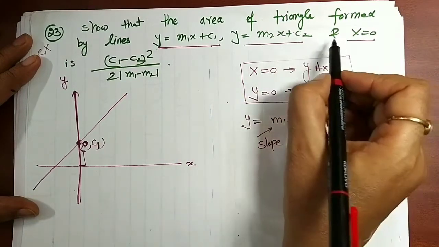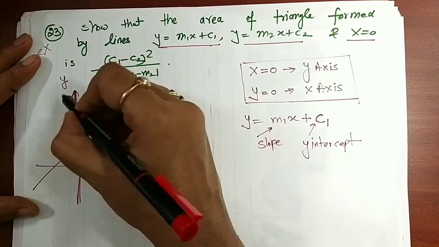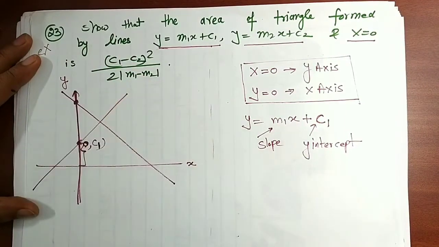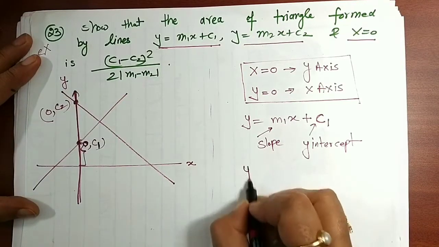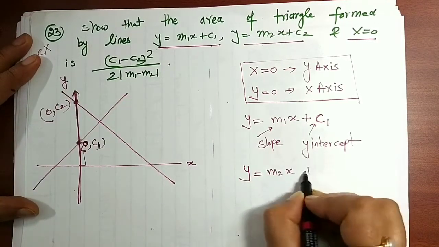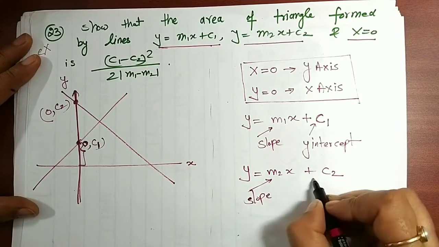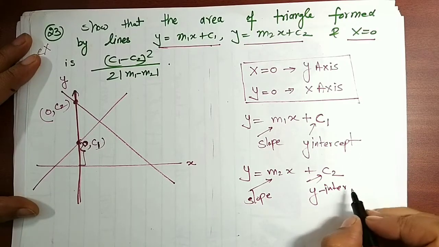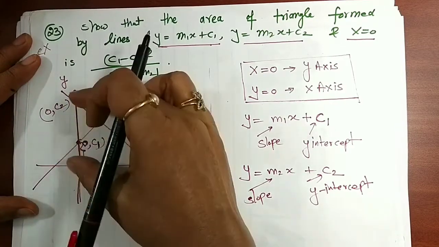Suppose the second line is y is equal to m2 x plus c2, as they have given. Suppose it is somewhere here, cutting at the point (0, c2). The slope of this line is m2 and this is the y-intercept.